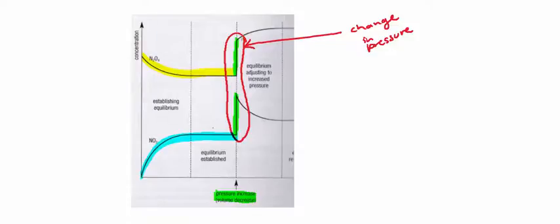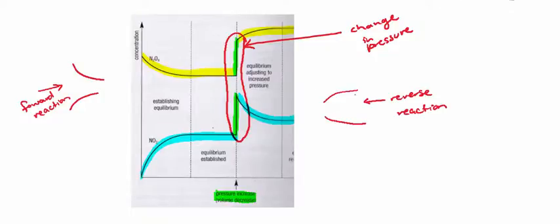So to establish this new equilibrium, we now see an increase in concentration of our reactants, which means that the reverse reaction is being favoured, and a decrease in concentration of the products. So just take note of the different shape of the graph there. We've got this sort of shape when the forward reaction is being favoured, as opposed to this sort of shape when the reverse reaction is being favoured.